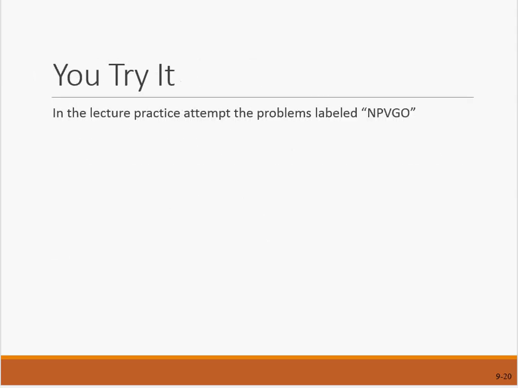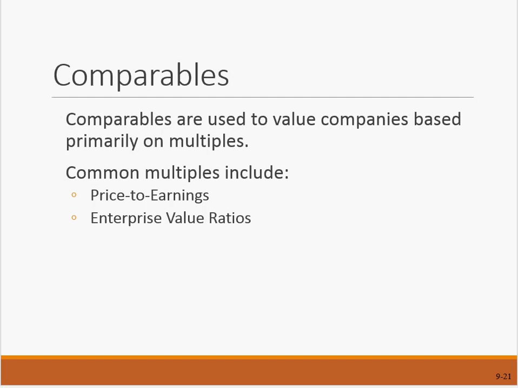Okay, comparables is a valuation approach where we find firms that have similar attributes, typically risk, potentially industry, similar cash flows, and do a valuation of our firm based on the value of another firm.